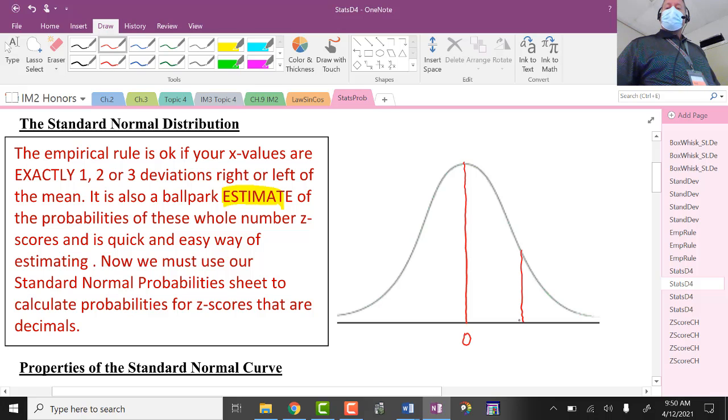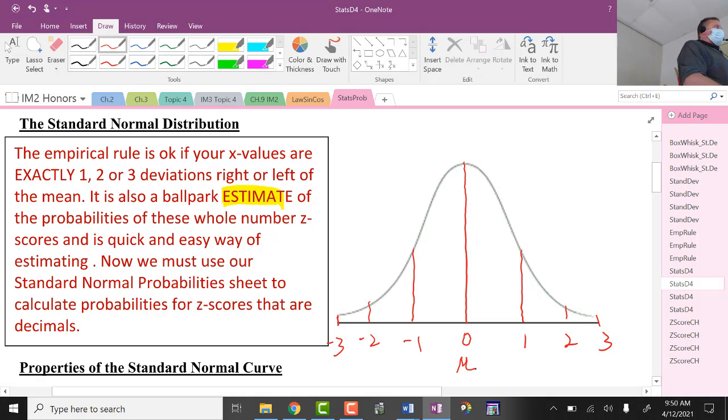But just as a reminder, remember these are standard deviations, 1, 2, 3 to the right. I should have made that a little bit more symmetric. And then this is -1, -2, and -3 deviations to the left. Remember, mu represents the mean, or x bar if it's a sample.